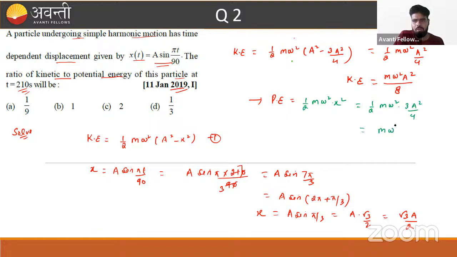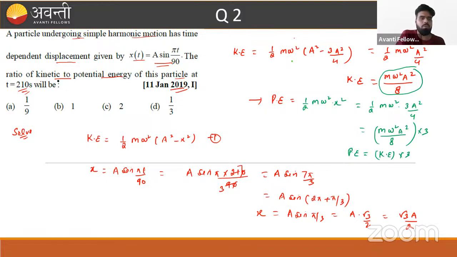This equals m omega square a square divided over 8, into 3. What is this? This is nothing but the kinetic energy. So we can write that potential energy is kinetic energy into 3.